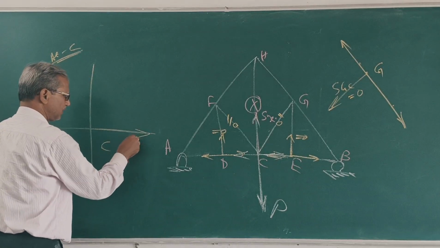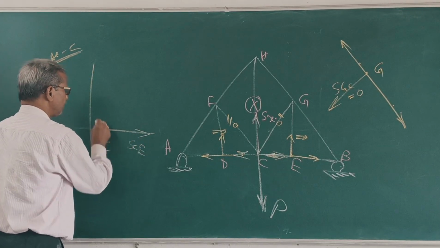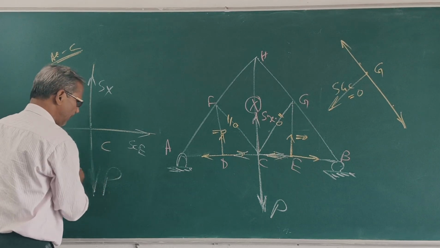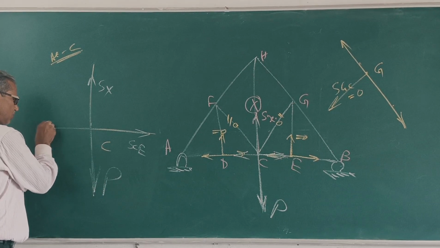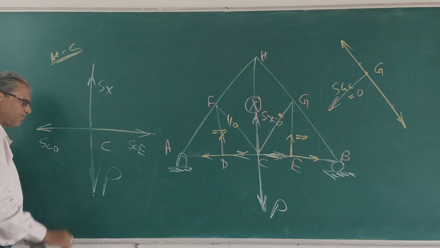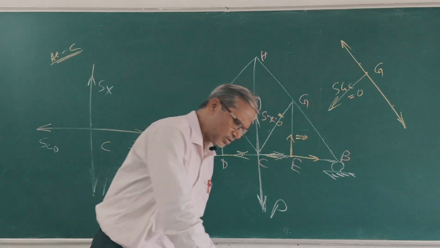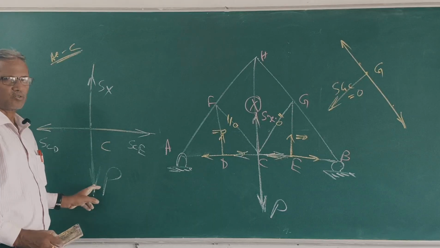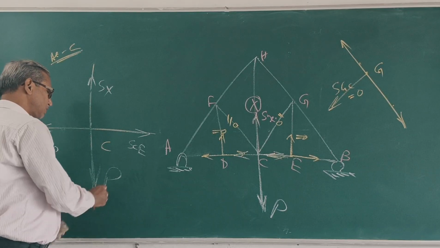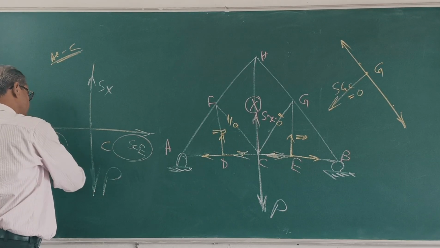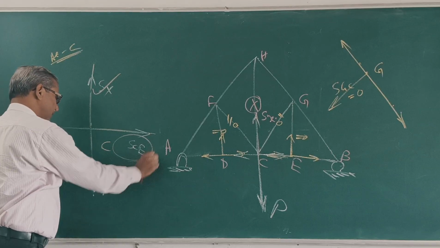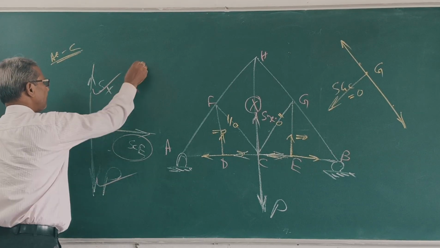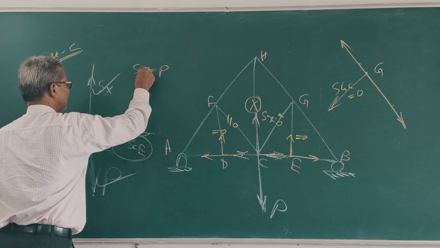This is SC, this is Sx, this is P. What is this force? SCD. Now, three members, one load. So this is equal to this, and Sx is equal to P. So at point C, Sx is equal to P. This is the answer.